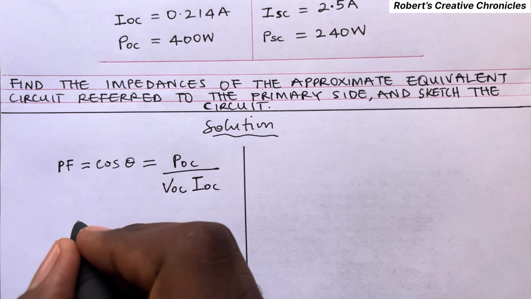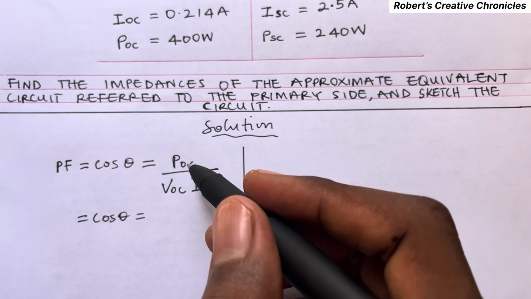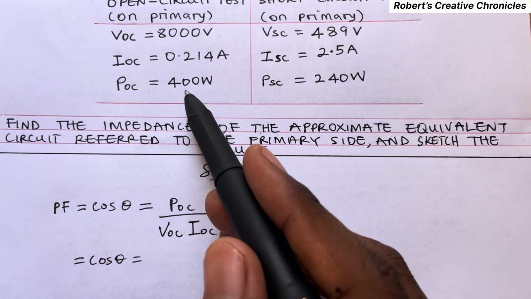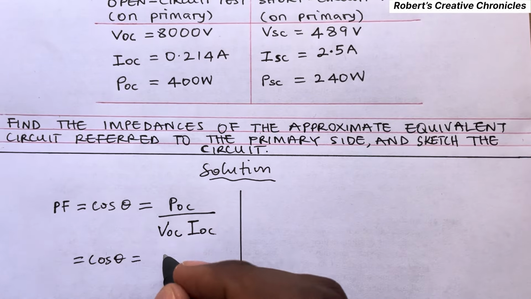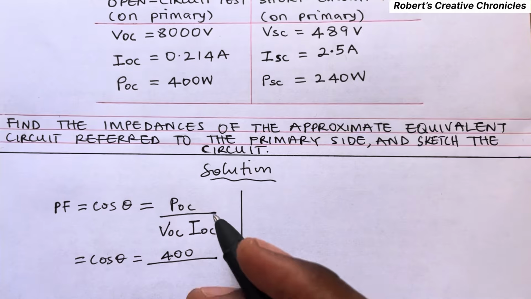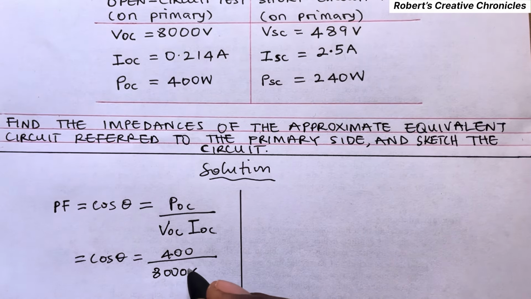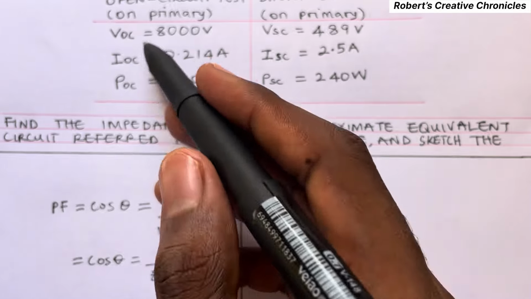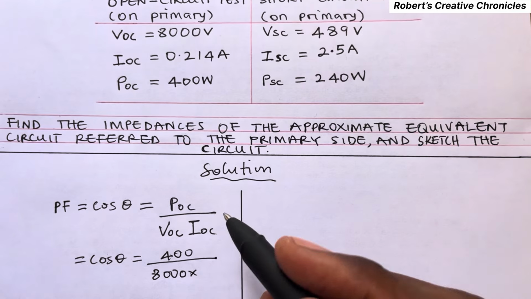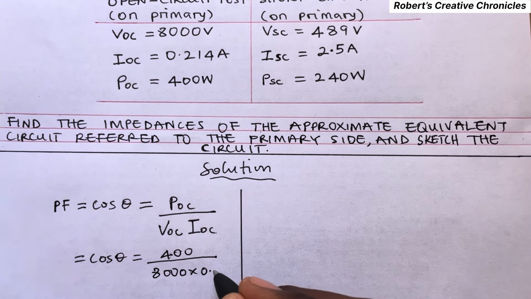So this is equal to the open circuit power, this, over 8,000, which is the open circuit voltage, times the open circuit current, 0.214 ampere.